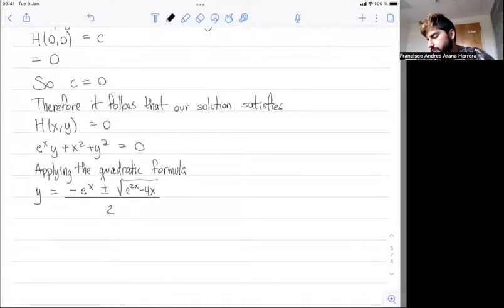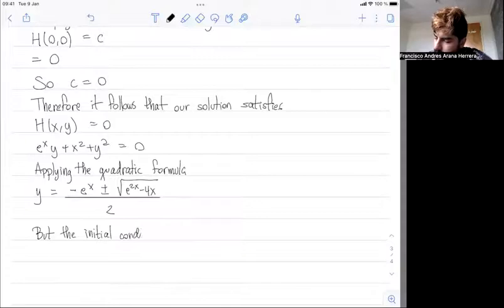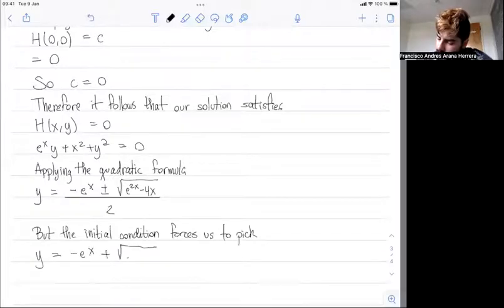Now this may seem weird because we're looking for the unique solution, but we have a plus minus. But the initial condition forces us to pick the solution with a plus sign, because that's the only way you're going to get a 0. If you pick the solution with a minus sign, you're not going to get a 0 as your initial condition.